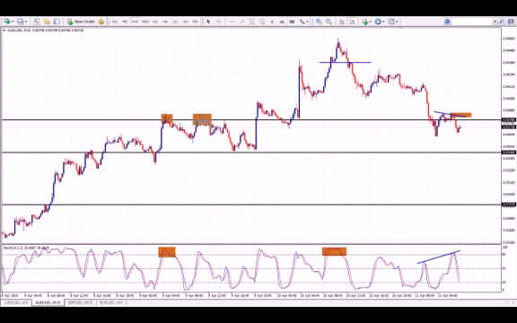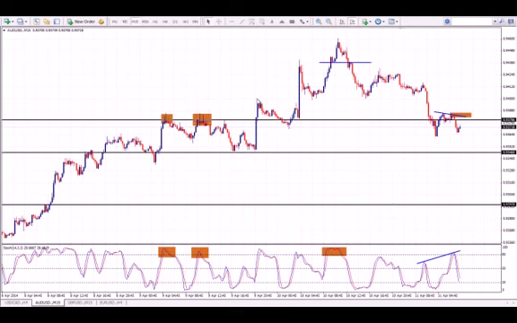We hit another top here, and we hit another overbought reading on the stochastic oscillator. But here's where things get very interesting. We have a super strong move to the upside that breaks with these highs and this level of resistance.